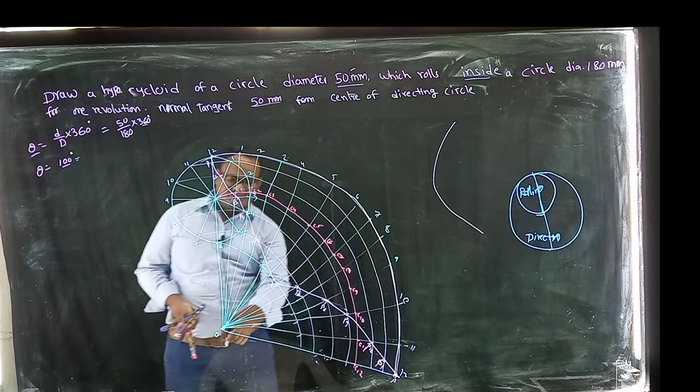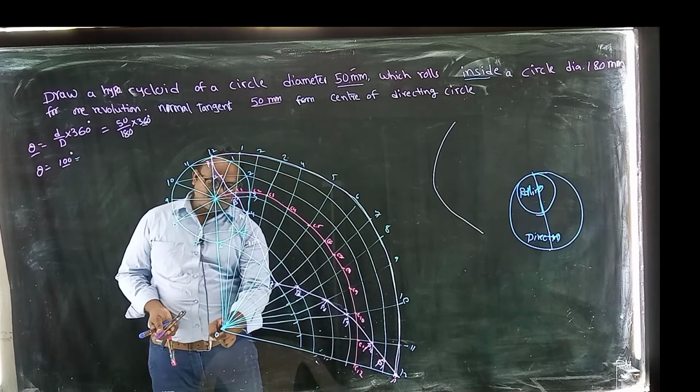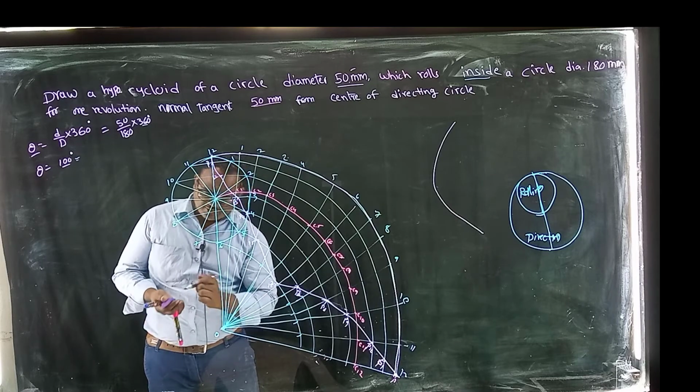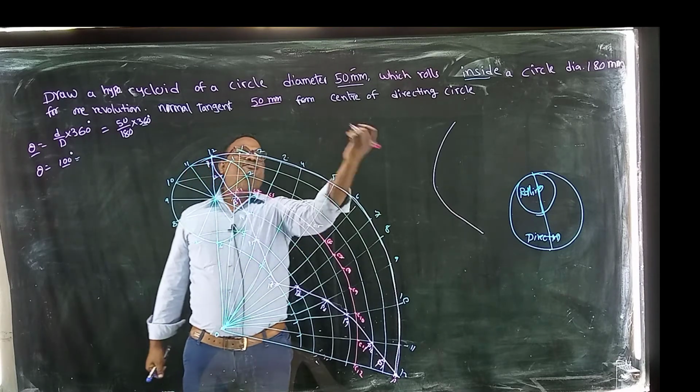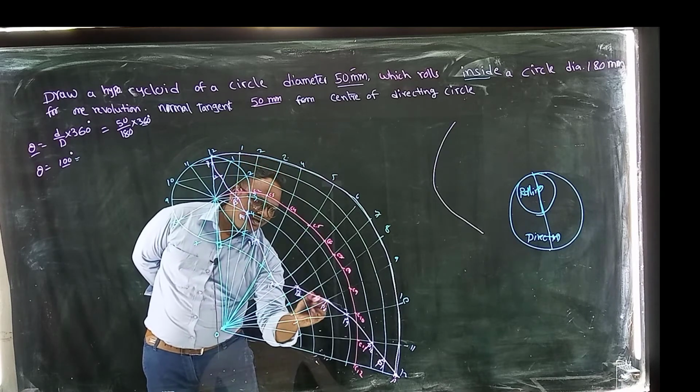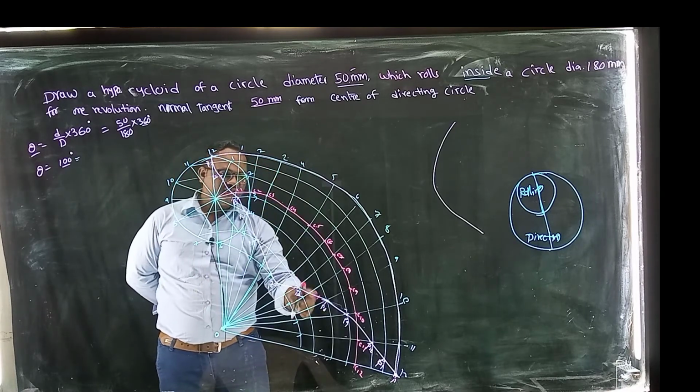Coming to the normal and tangent at a point 50 mm from the center of the directing circle. This is the center of the directing circle. From here with 50 mm, draw one arc. This is the initial point.